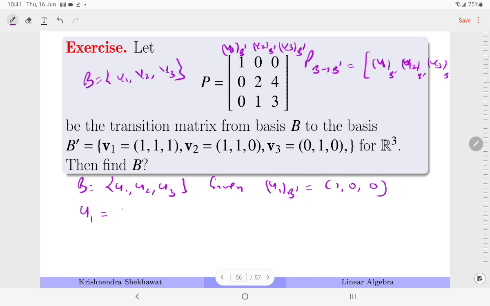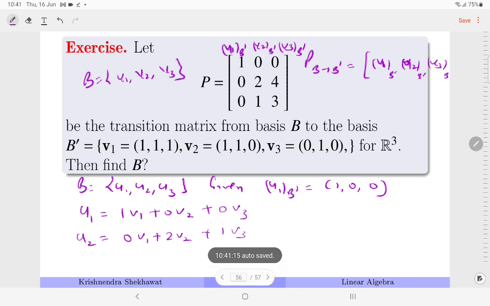So U1 is 1 V1 plus 0 V2 plus 0 V3. Similarly, U2 is 0 V1 plus 2 V2 plus 1 V3, and U3 is 0 V1 plus 4 V2 plus 3 V3. Computation is very easy, but you need to understand the procedure. Once you understand the procedure, it's quite easy to solve.